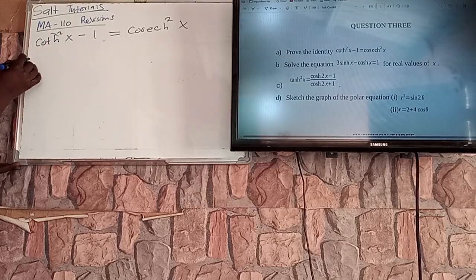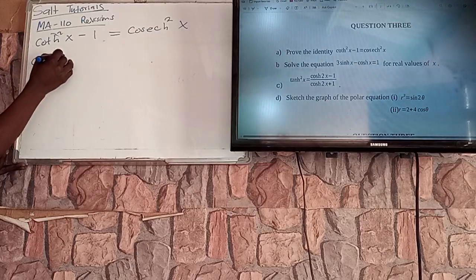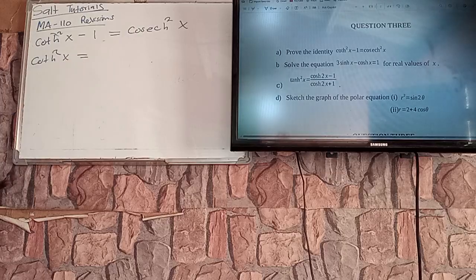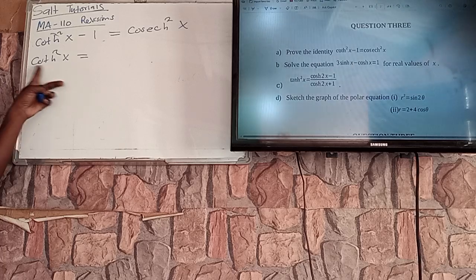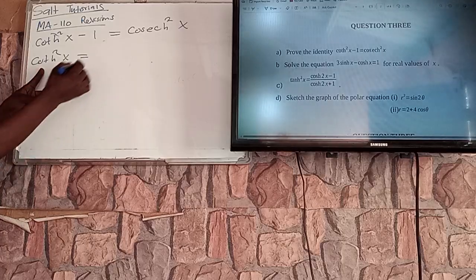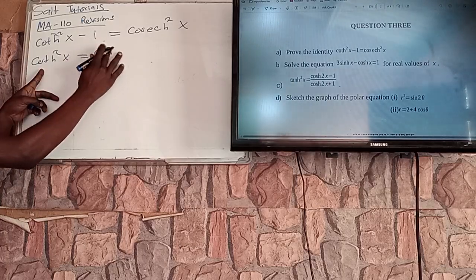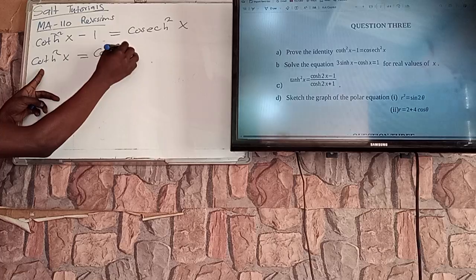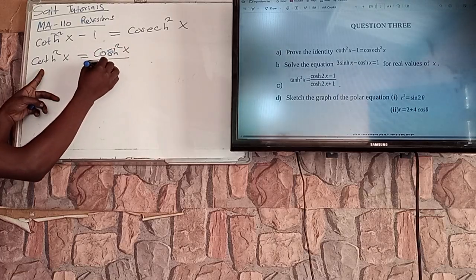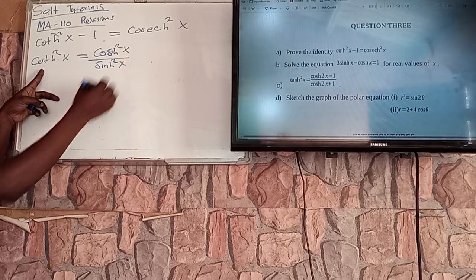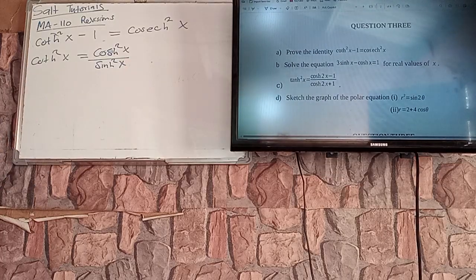Recall that cot squared x can be written in the form of a quotient identity. The quotient identity for cot squared x is cos squared x over sine squared x.